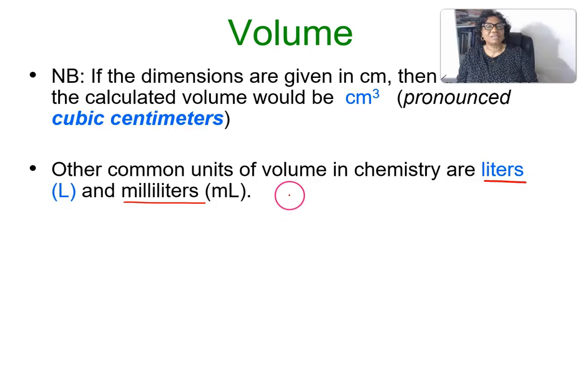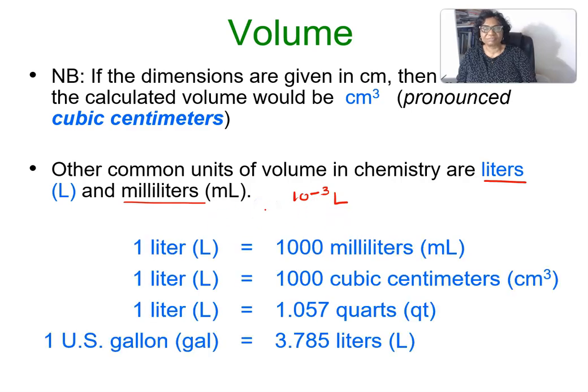You know, milli is 10 to the minus 3. So 1 liter equals 1000 milliliters, and 1000 milliliters is 1000 cubic centimeters. And 1 liter equals 1.057 quarts. And 1 US gallon is 3.785 liters.